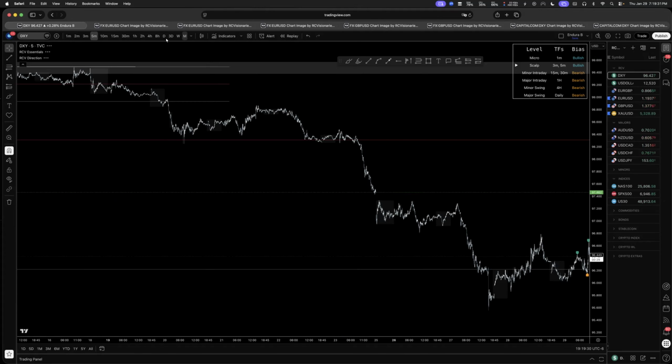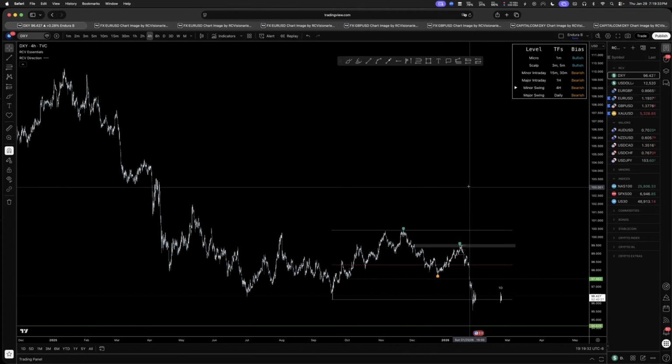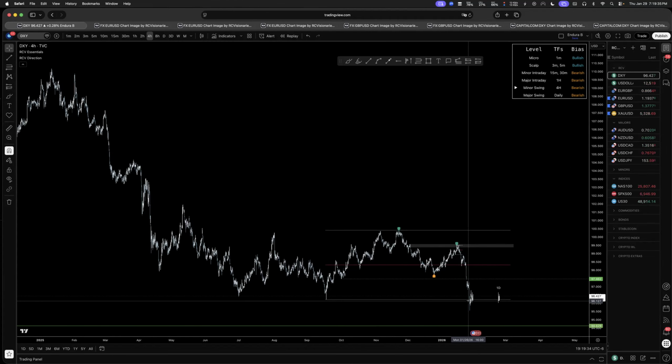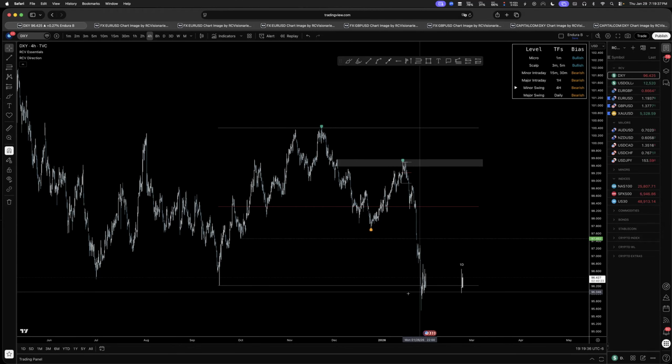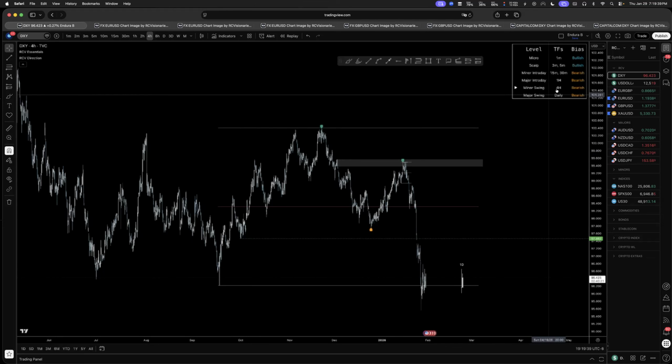And if we look at that, that's kind of still what's in play. We swept this low, and now we're starting to stall out a bit, and it ties into this Wyckoff bias, but this is just for show, right?